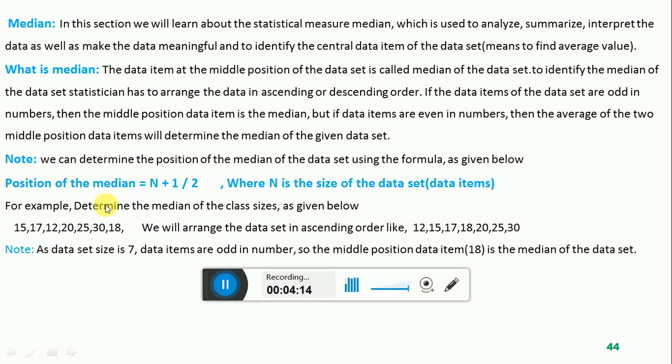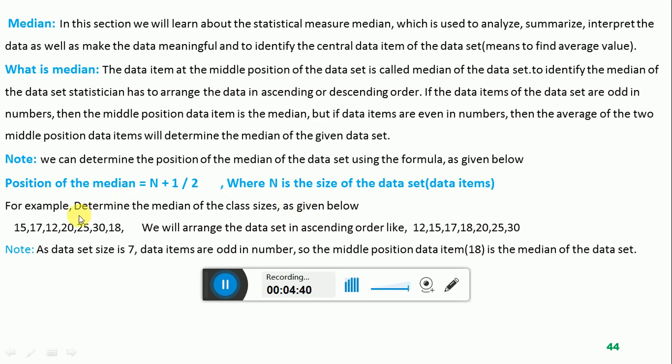We will elaborate the concept of median by putting mathematical practical examples. For example, determine the median of the class sizes as given below. In this example, we are going to compute the average size of the class in the BBA department at Salam University.